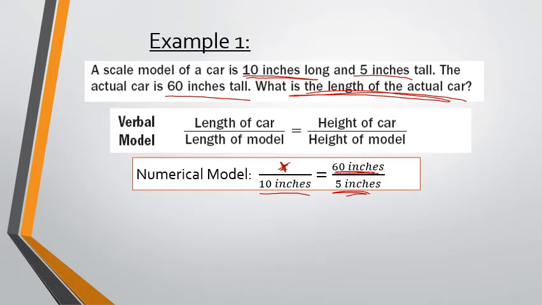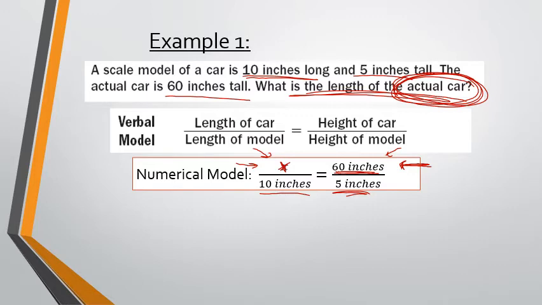Here's the deal. Again, we are trying to find the length of the actual car. When you set up your proportion, you have to be consistent. So if this 60 inches represents the real height, and it's on top of this fraction here on the right, then this X better represent a real measure.